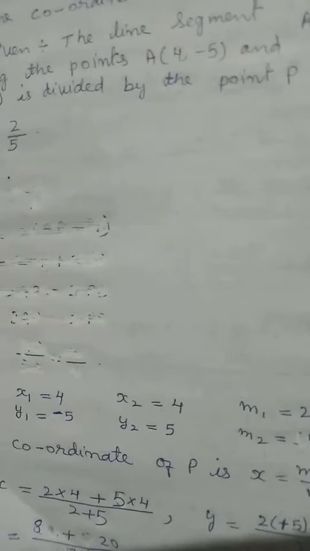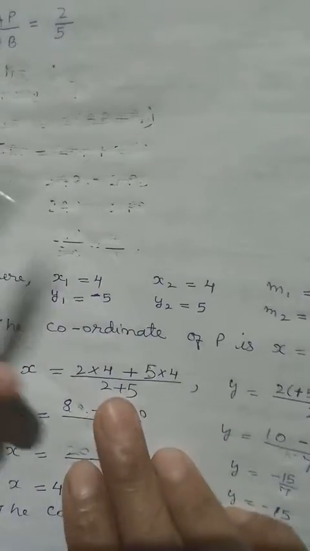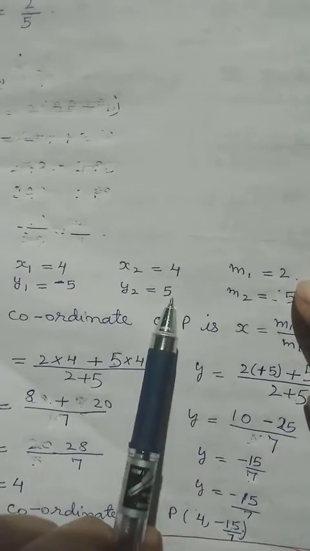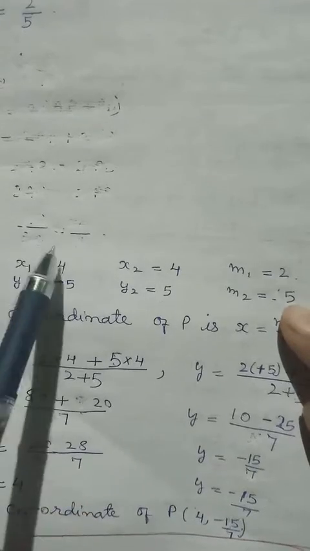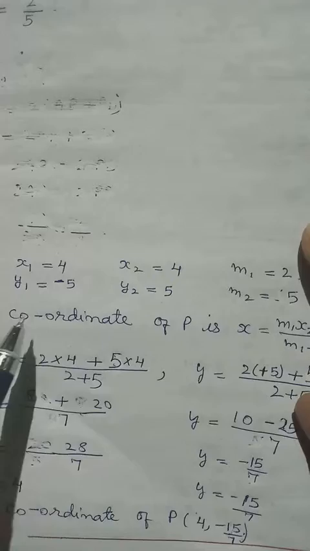In order to get the coordinates of P, we can apply the section formula. So we will have, for x first, 2 into 4 plus 5 into 4 by 5 plus 2.